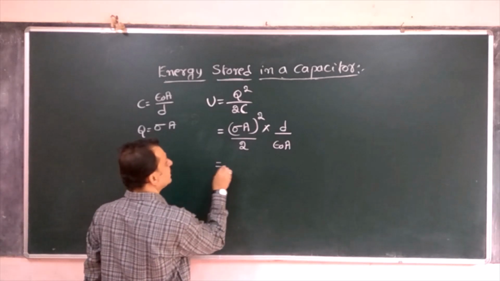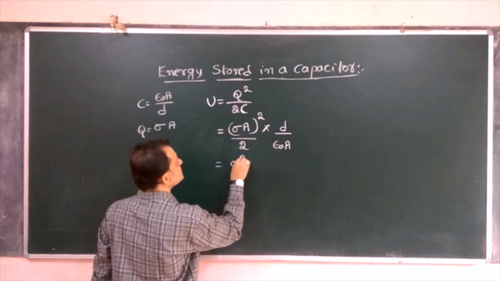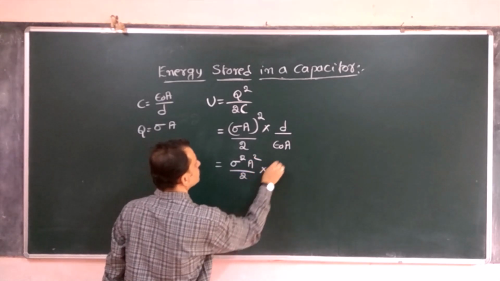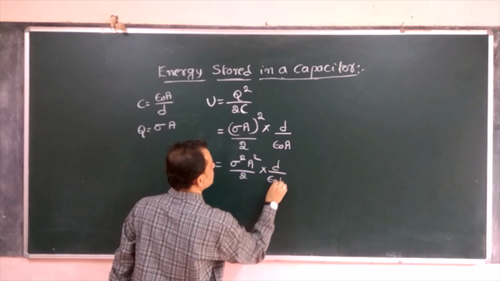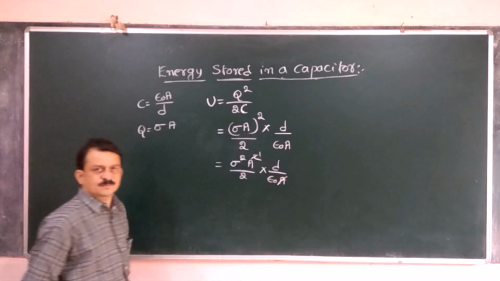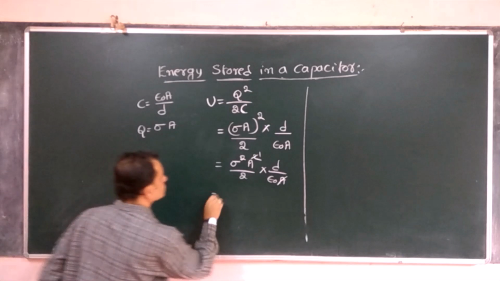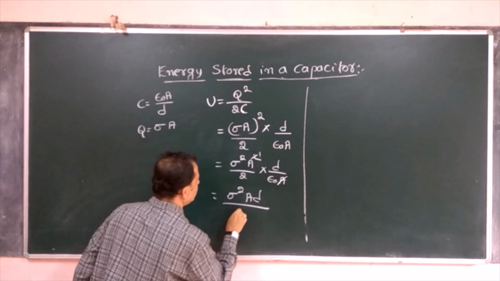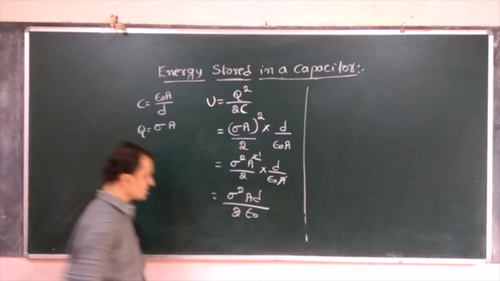Simplifying, I get sigma square A square into D divided by 2 epsilon naught into A. Now one A gets cancelled. Therefore, U is equal to sigma square A D divided by 2 into epsilon naught.